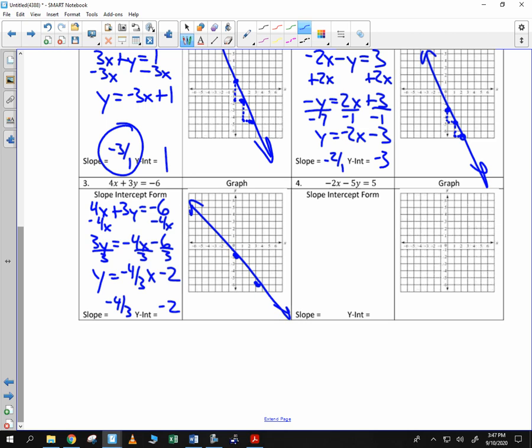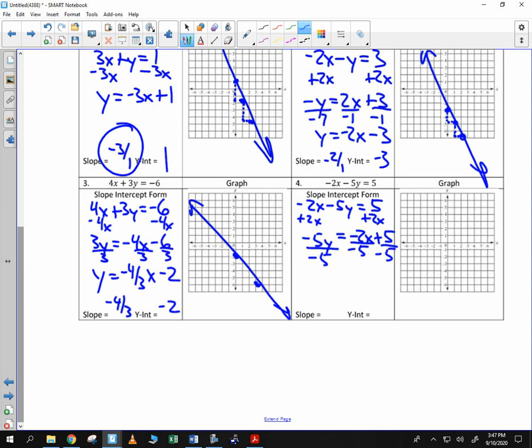And for the last one, -2x minus 5y is equal to 5. Add the 2x to both sides. And I get -5y is equal to 2x plus 5. Divide both sides by -5.